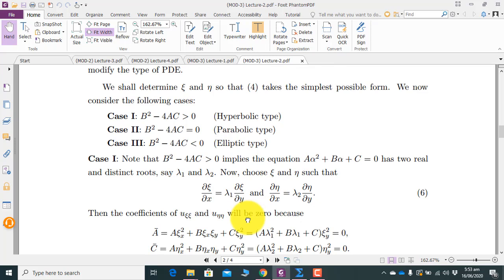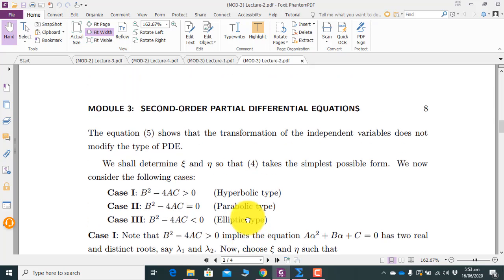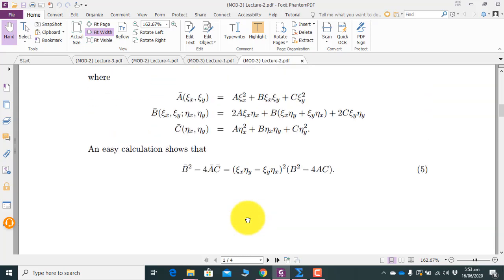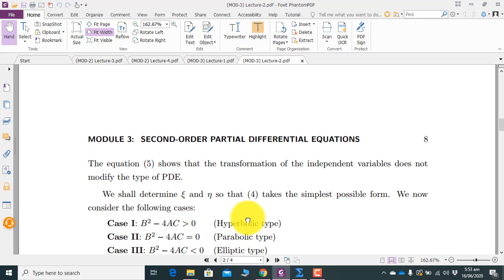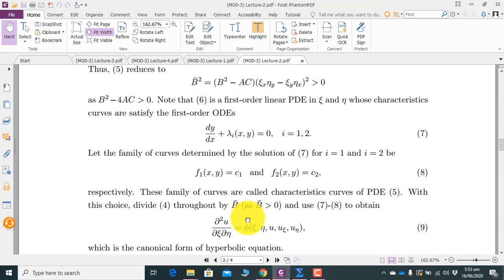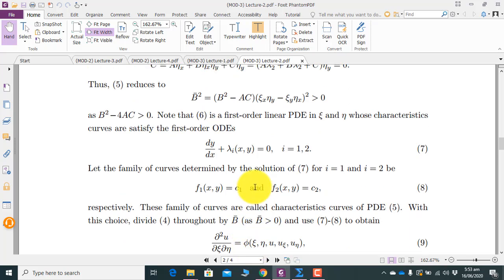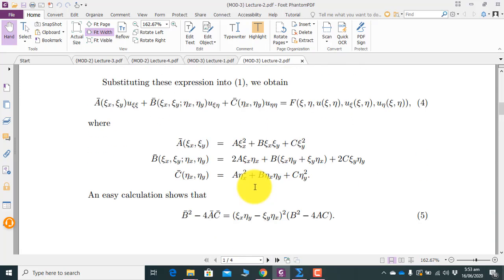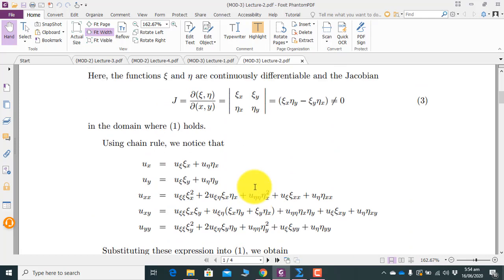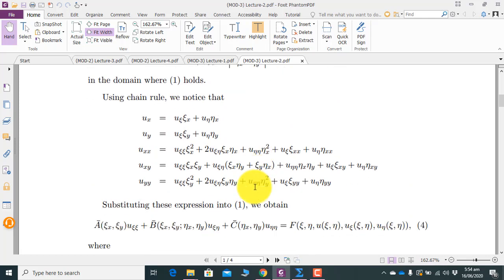Now it is a good step that you understand and develop a theory, based on this transformation, of how you can calculate the canonical form for case 1, case 2 and case 3. This will be done in the next lecture, but up till now just focus on these partial derivatives and practice them, and if you can, calculate u_xx, u_xy, u_yy by hand.